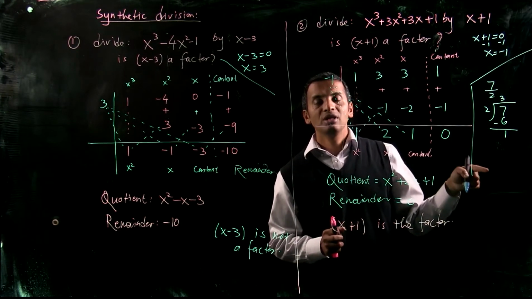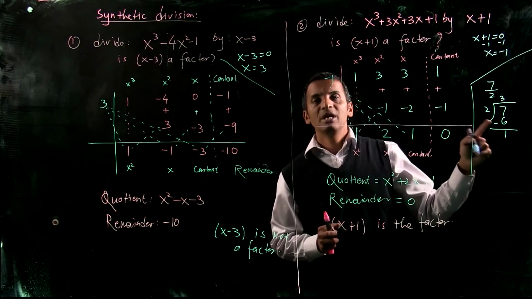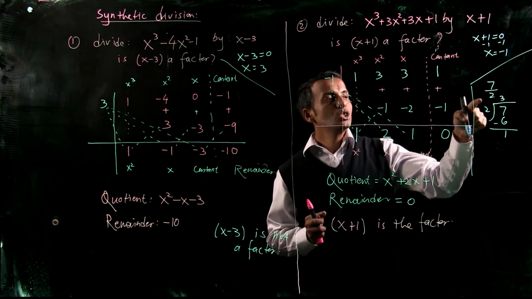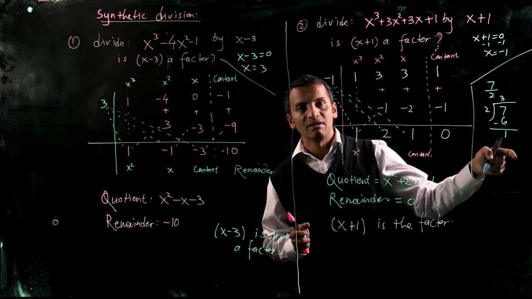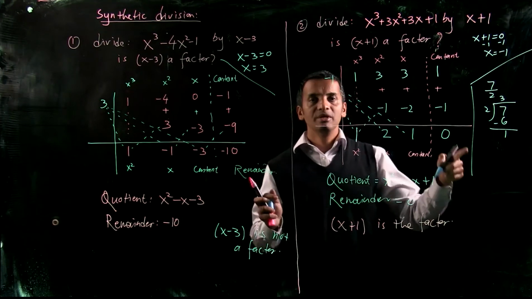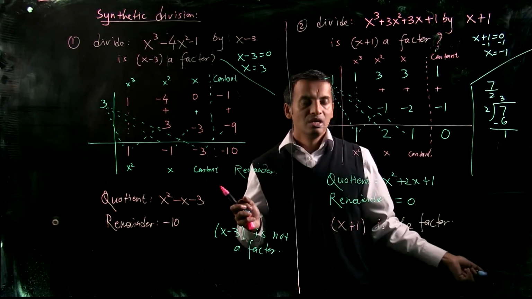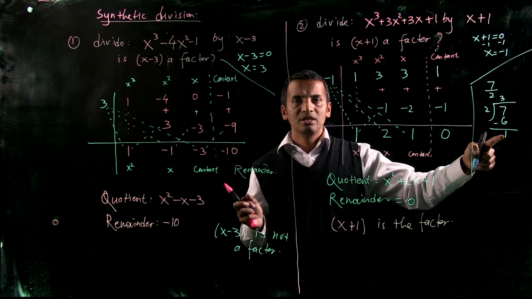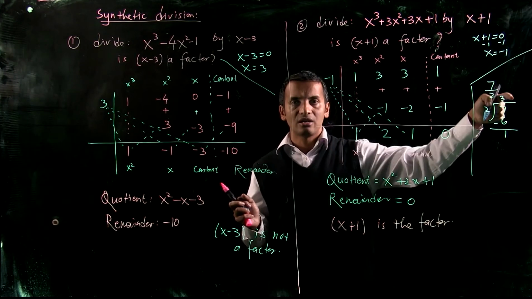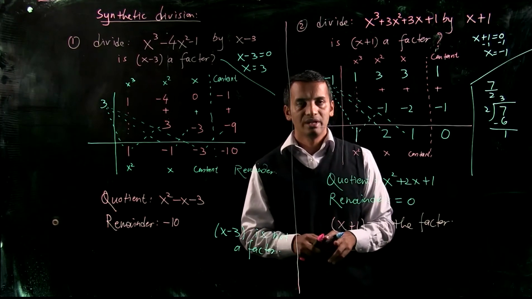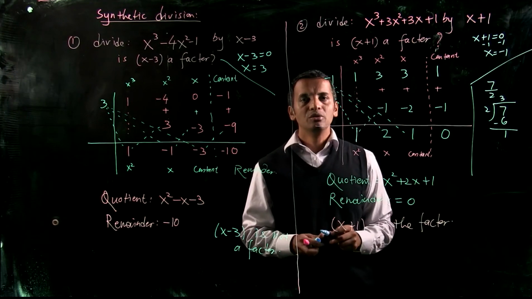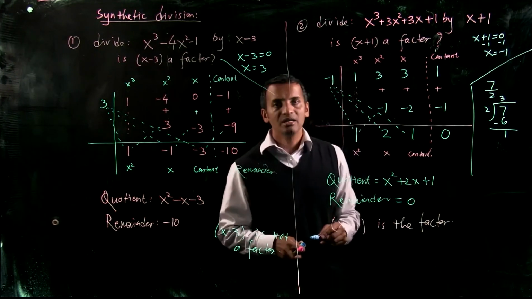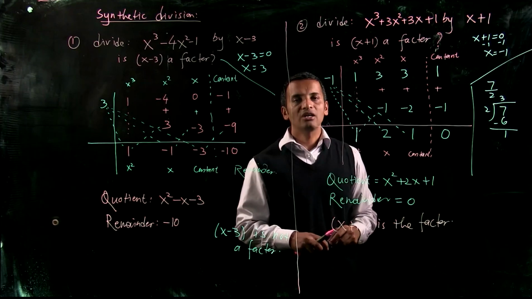If the remainder is non-zero, it is not divisible, and not divisible means 2 is not a factor of 7. If the remainder were 0, you could say it is a factor of the number you are dividing. This is how we do synthetic division and decide whether a given expression is a factor or not.